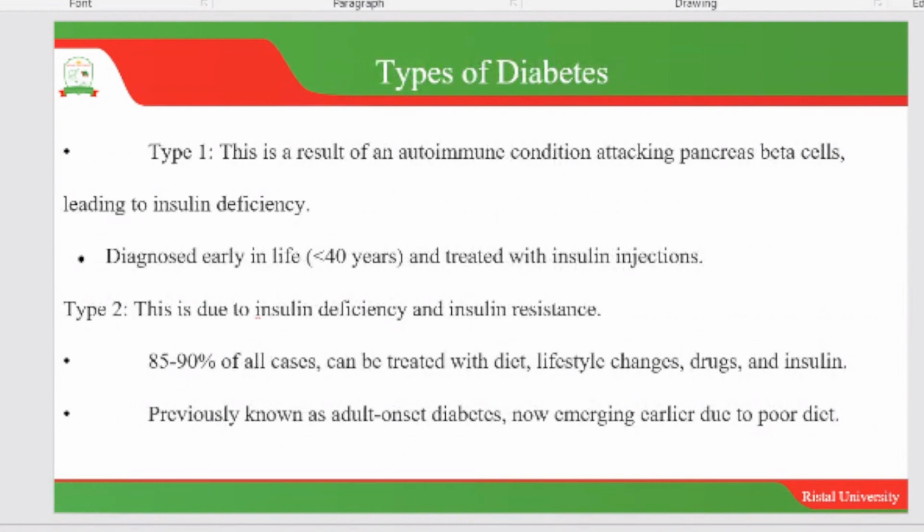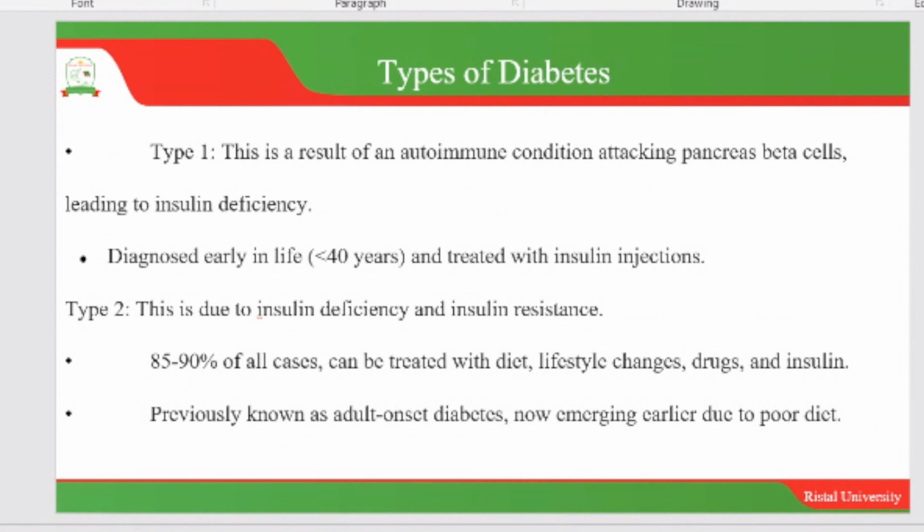So types of diabetes. We have diabetes type 1. Type 1 is as a result of an autoimmune condition attacking pancreatic beta cells.